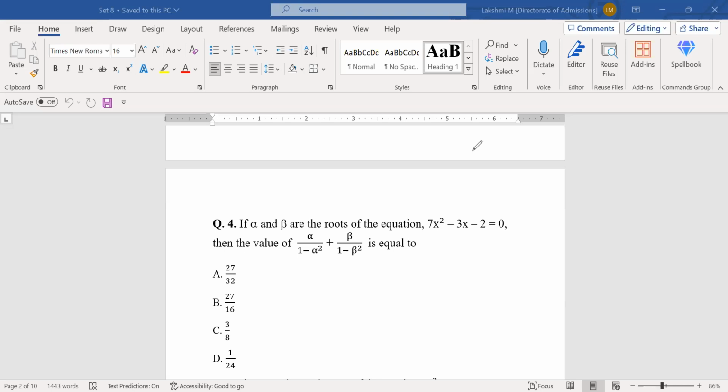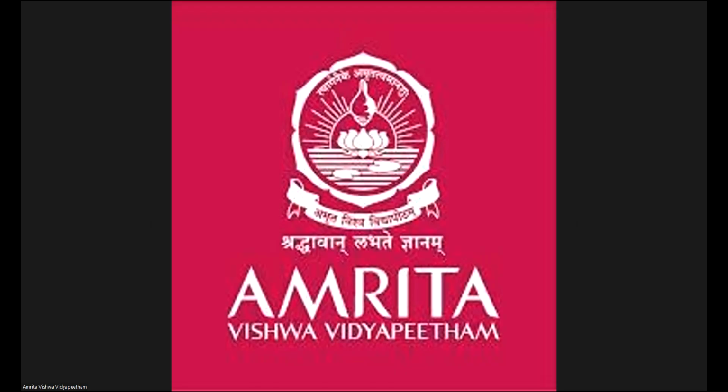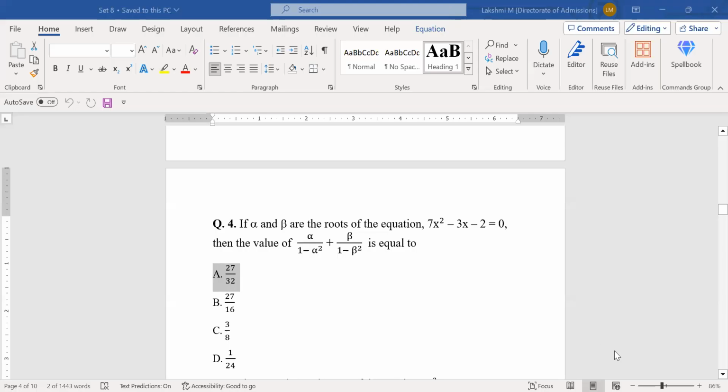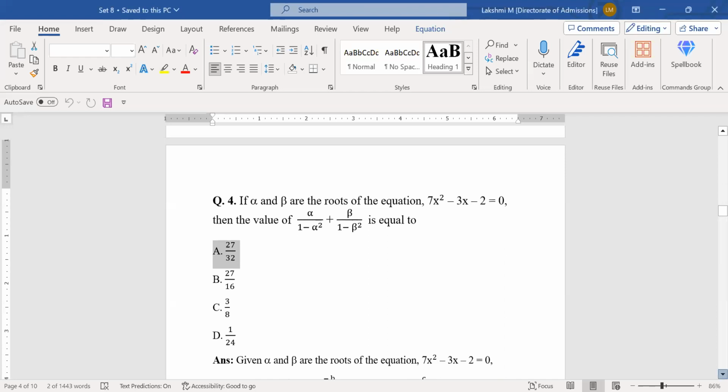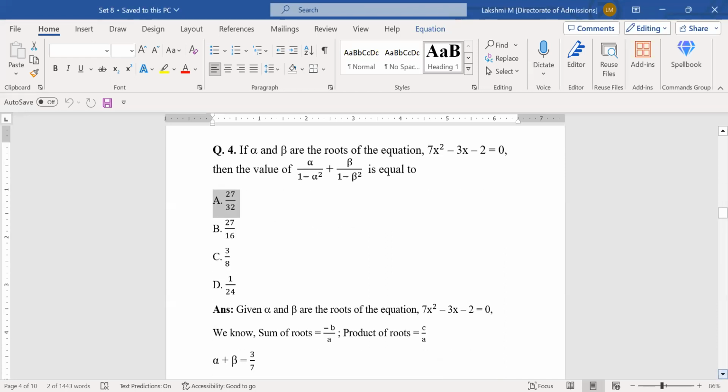Is the screen visible to you? Just a second, children. Please hold on. I'm just going to reshare it again. I've shared it again. If it's visible, please say yes in the chat box.